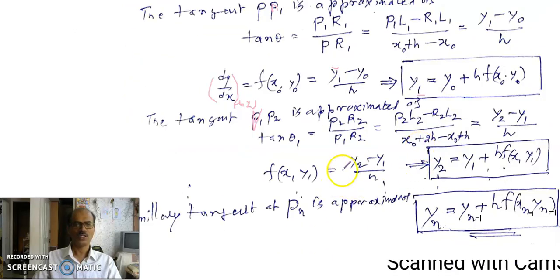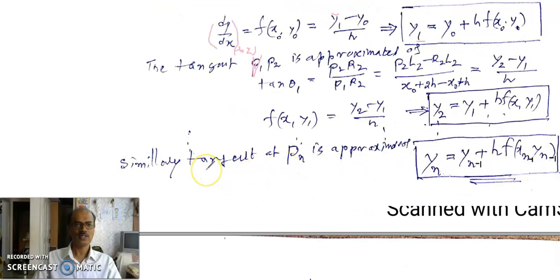We know this is f of x1, y1. Similarly, we repeat the same process, y2 minus y1 divided by h, and y2 is equal to, multiplying this by h, y1 plus h into f of x1, y1.